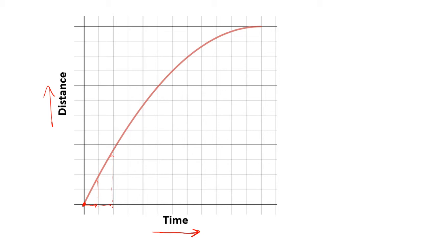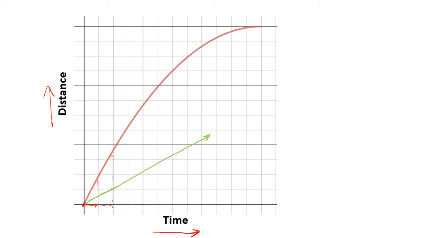So if you've taken physics, you know that a straight line on this graph represents something that is traveling at a constant velocity. And you also know that a curved line on this graph represents something that is not traveling at a constant velocity. And if it doesn't travel at a constant velocity, that means that velocity is changing, which indicates either acceleration or deceleration.